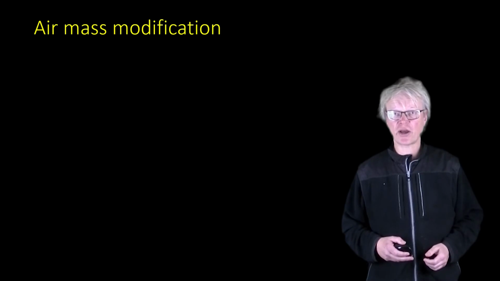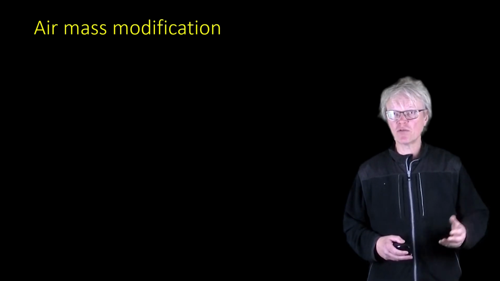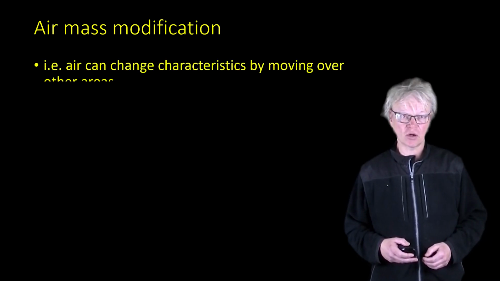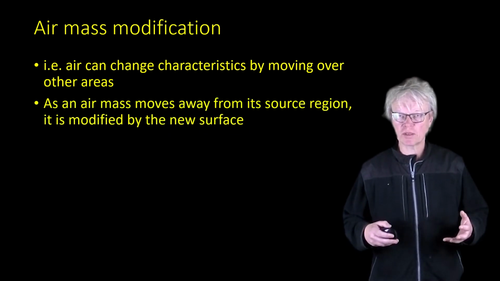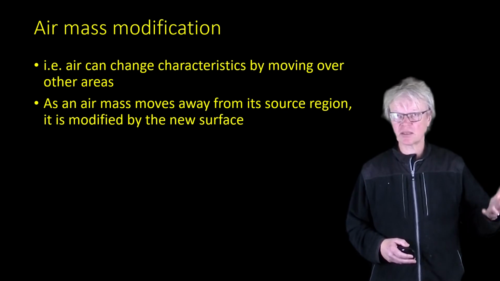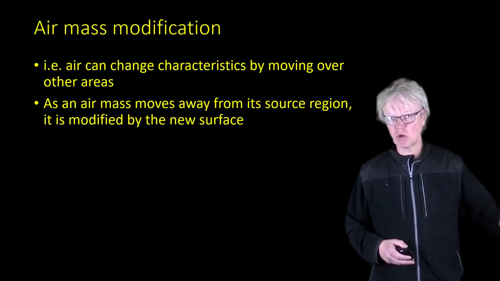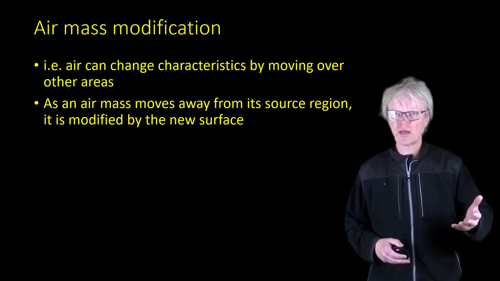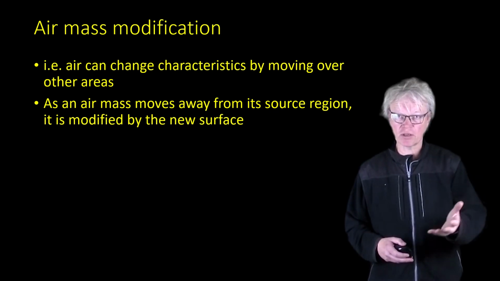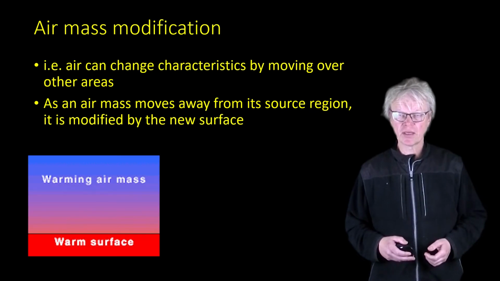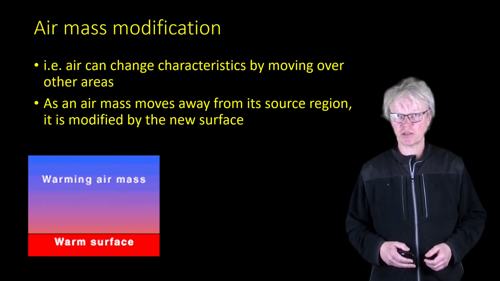Okay, so we've said that air masses take on the characteristics of the place that they come from, but then of course they can also change their characteristics as they move over different parts of the Earth's surface. And it's pretty straightforward. If you start off with an air mass that is cool and it's moving, let's say it's moving north and moves over warmer areas, let's say it's moving over a hot continental area, then it will take on those characteristics.